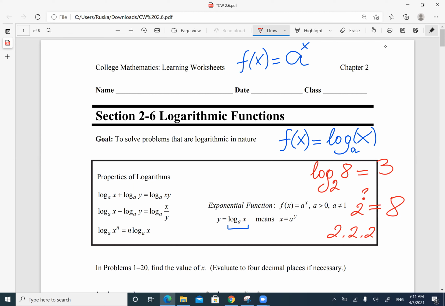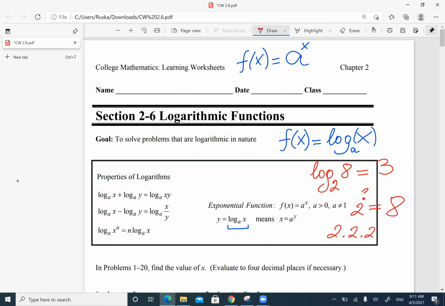I'll show you how to do it in the calculator. You don't have to do it in your head all the time; this is just to understand the meaning of logarithm.